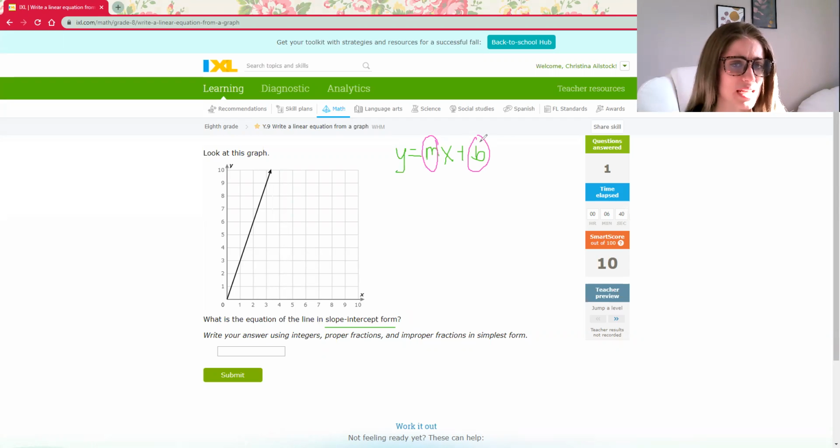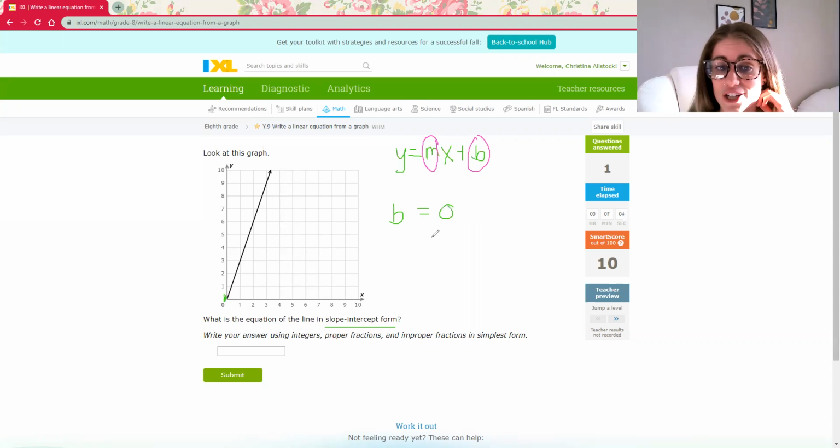Let's begin by finding that b, our y-intercept. Our b is where our graph begins. It's where our graph intercepts the y-axis. It may not look like this one does, but don't be fooled. It starts right here, which is at what point? Yeah, it's at 0.